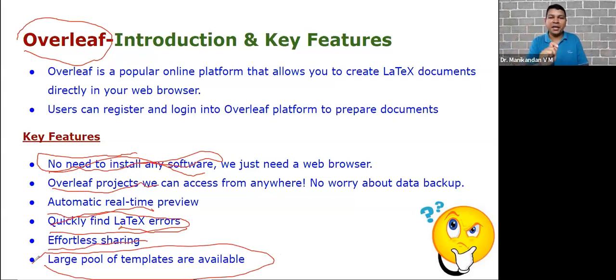As I told, if I'm going to prepare a document to submit to an IEEE conference, we have to follow a certain template or format. Heading should be this much size. Abstract should be here. It should be double column format. Margin should be this. All those things are predefined.